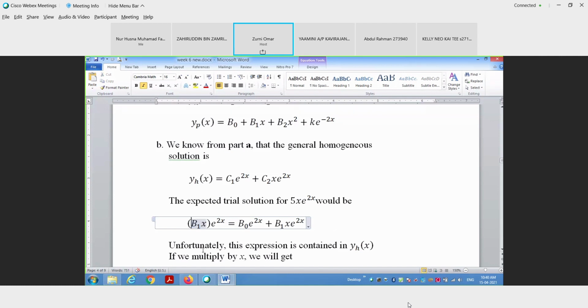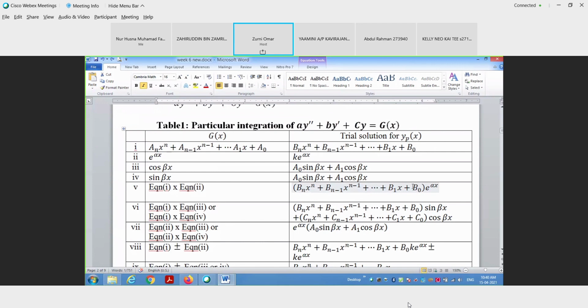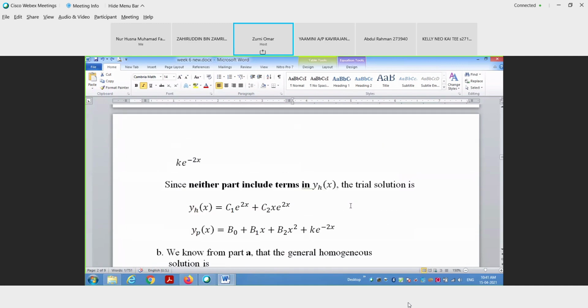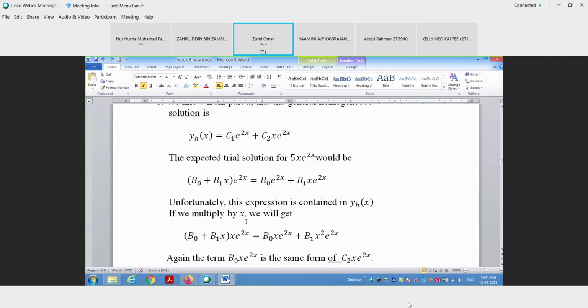Sebab trial tu sampai habis, sampai constant, kita stop. Kalau kita ada x square, kena bn x square plus bn ni sampai b0. Clear tak, Rahman? Okay. So siapa lagi yang tak faham? Okay, Rahman, and then lepas ni.